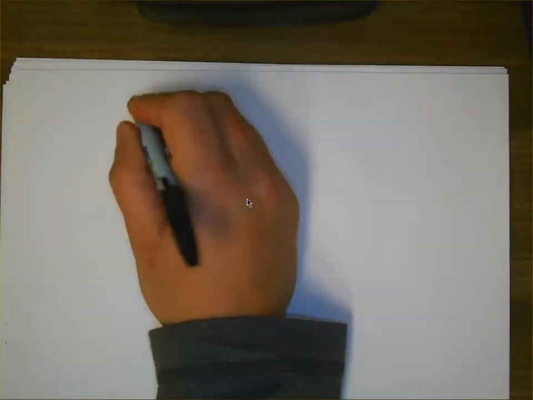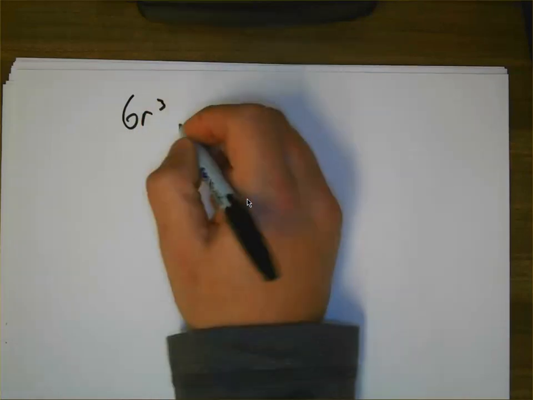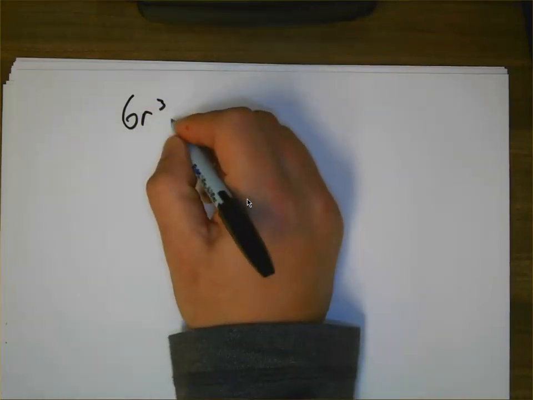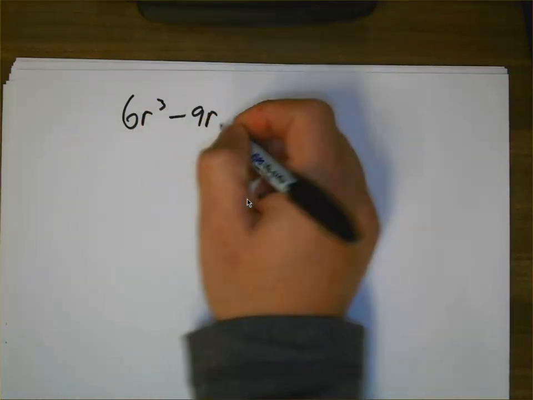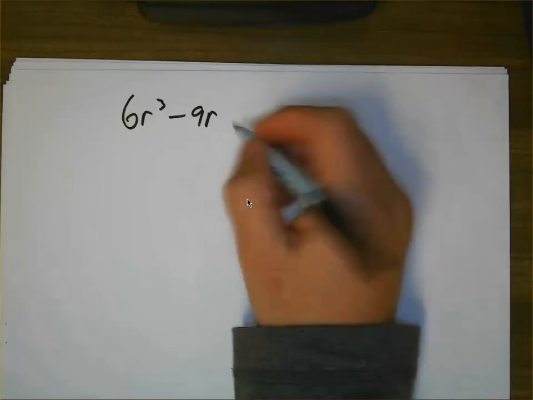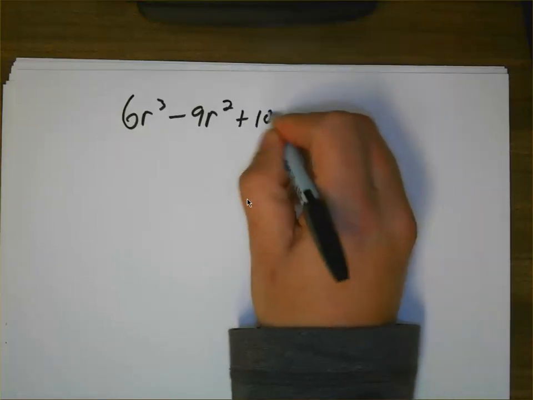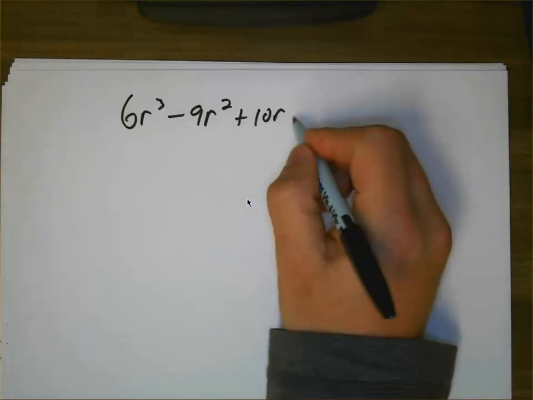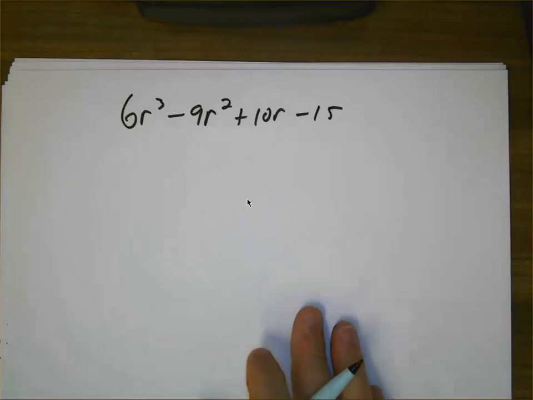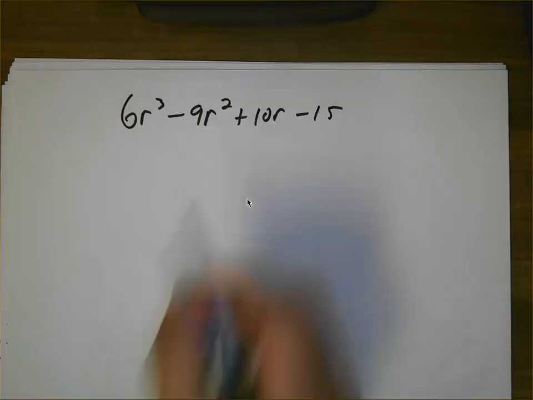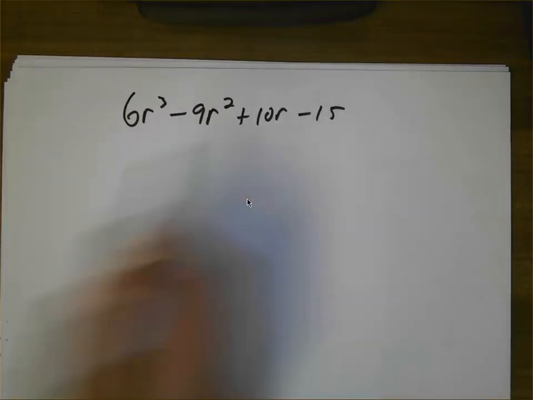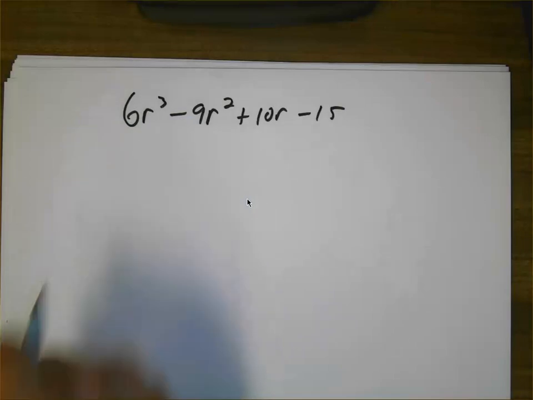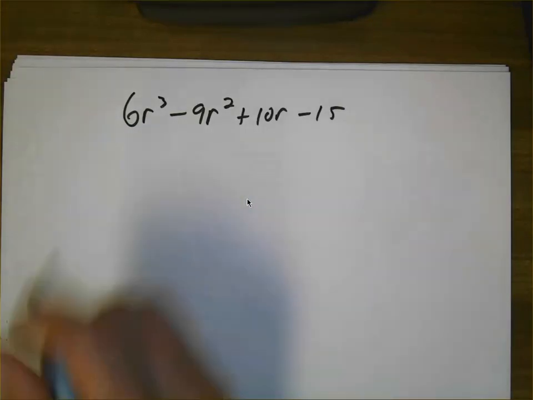So here's 6r cubed minus 9r squared plus 10r minus 15. I can't factor this as a trinomial, but there are 4 terms. So what am I going to do? First thing I'm going to do is group them.